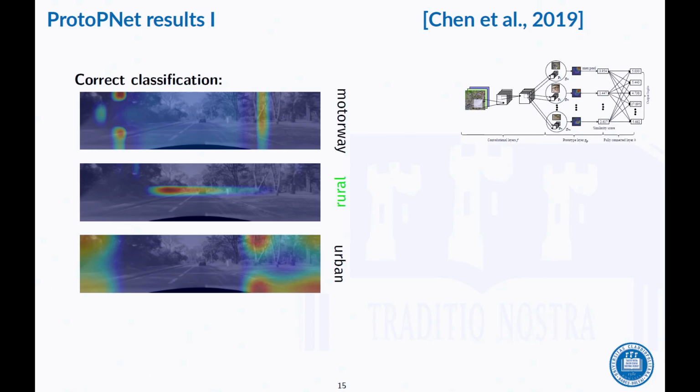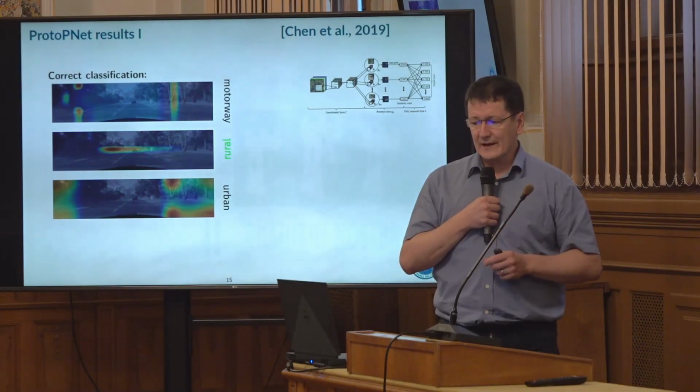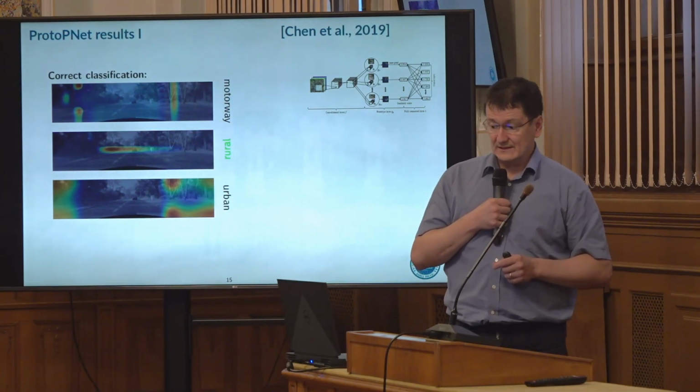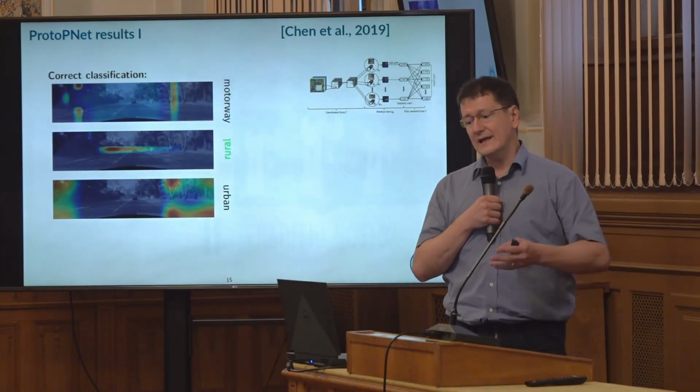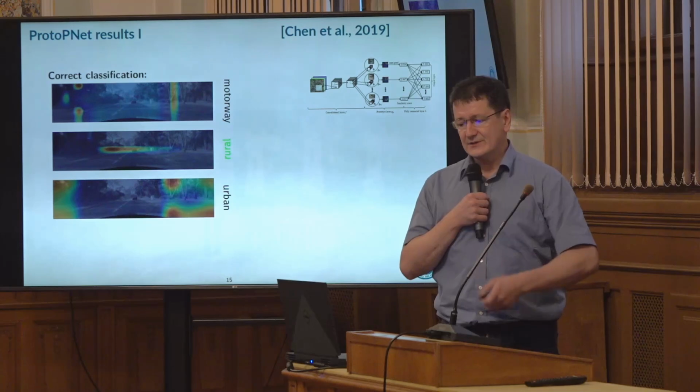What we could do is have a classification, and you see the three classes there on the vertical axis. The correct one was the rural class, shown in green, and we could also see the justification.